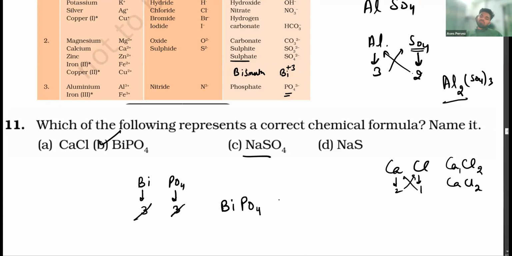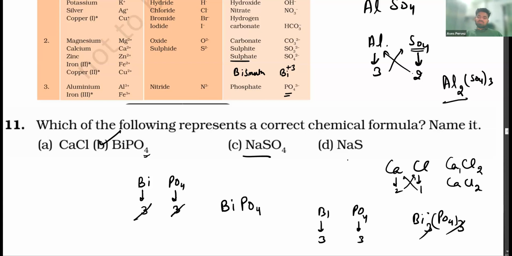I wrote Bi3 and PO4 whole thrice. If you cross multiply, you get Bi3(PO4)3, but when the valencies are the same, we cancel out each other.